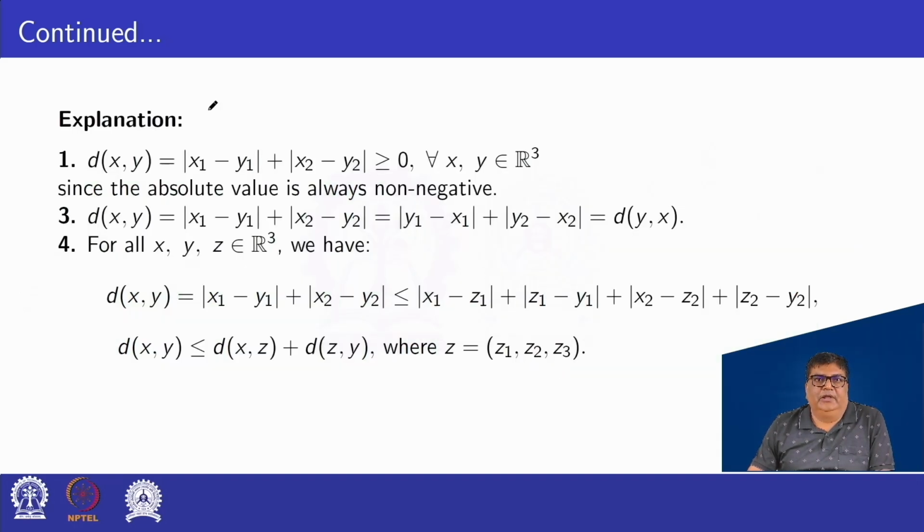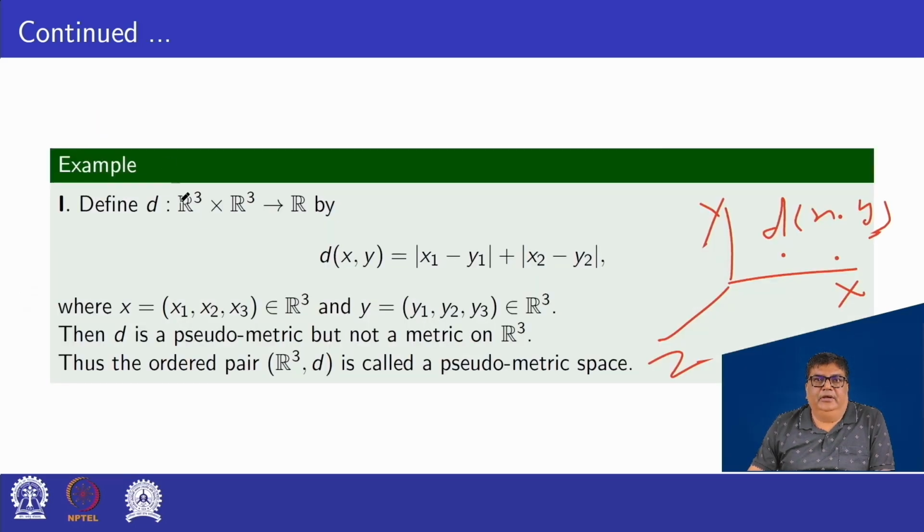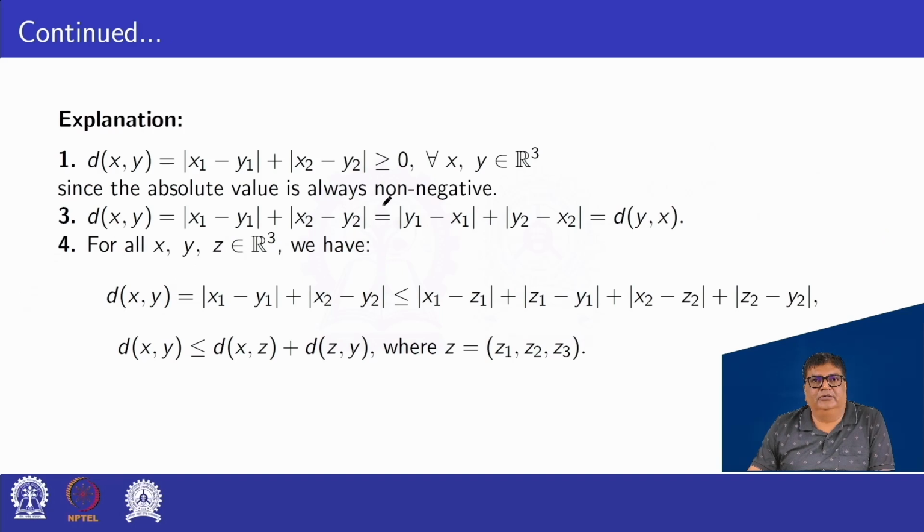Explanation. Here dxy is defined as modulus of x1 minus y1 plus modulus of x2 minus y2. These are absolute values, so absolute value is always greater or equal to 0. Hence, dxy is greater or equal to 0 for all x, y elements of R cube.